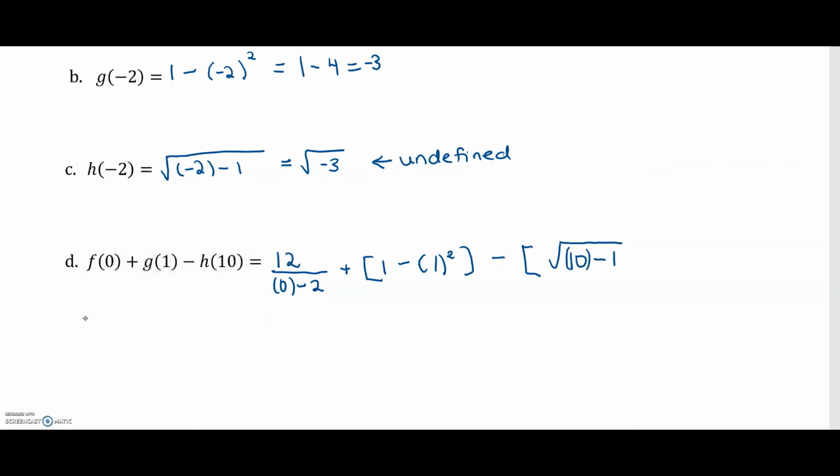Make sure your square root line goes over the entire function as shown in the original function h. And when we perform this calculation and simplify, we get negative 6 plus 0 minus the square root of 9, which is negative 6 plus 0 minus 3, and our final answer is negative 9.